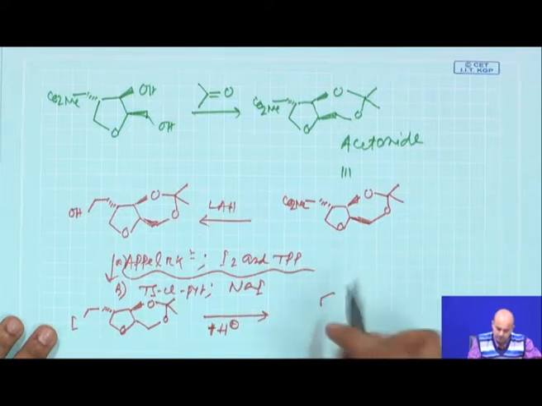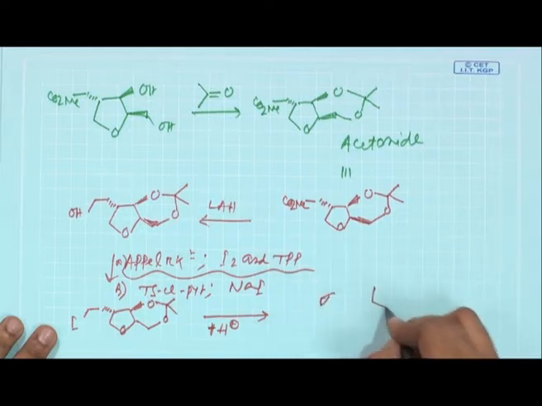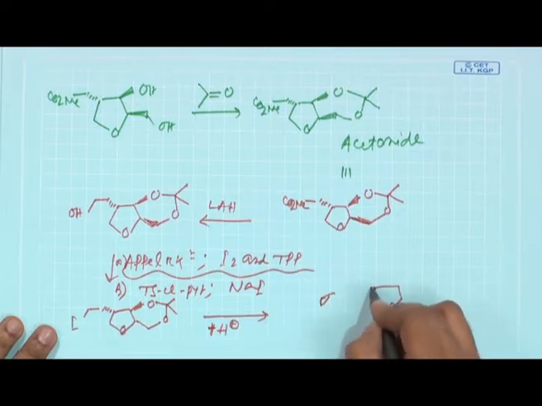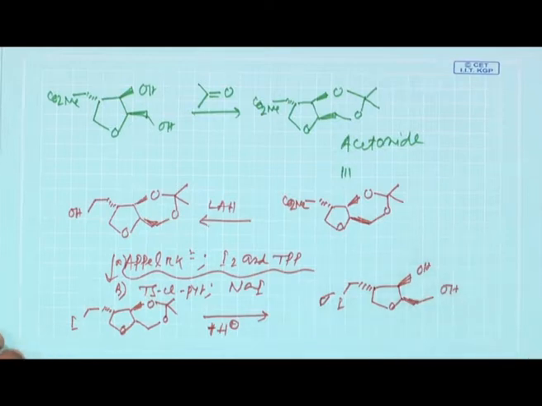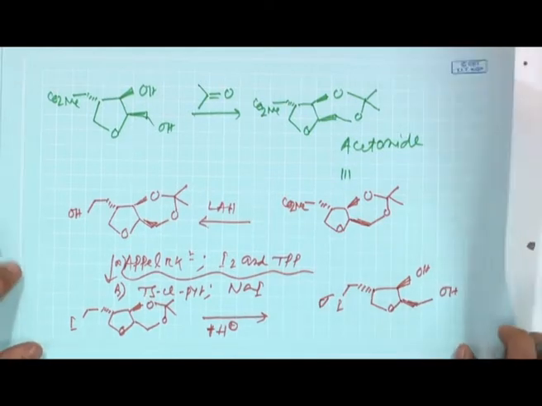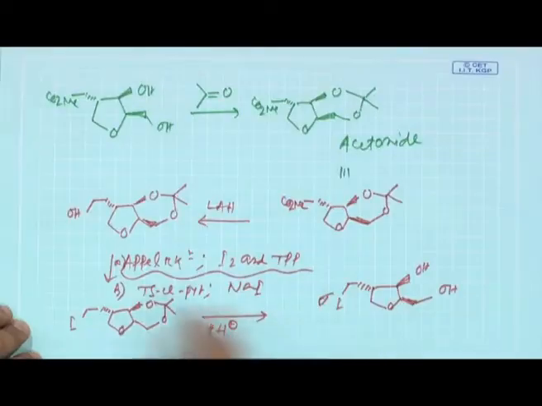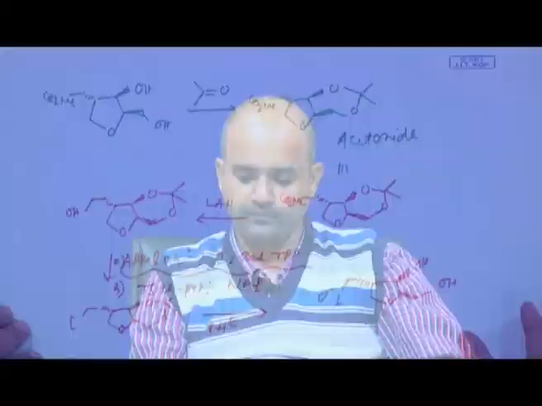Next, what will you get? This part will remain similar, the alcohols will be free as they were, and the acetonide will be removed. So, we have used acetone as a strategic protecting group to mask the primary hydroxy as well as the secondary hydroxy, so that these two hydroxy groups remain inert during our functional group transformation.